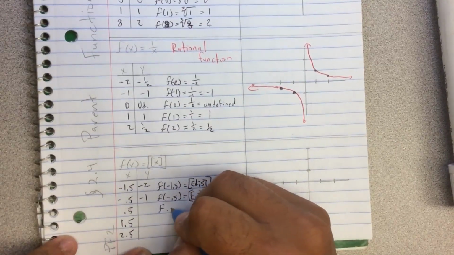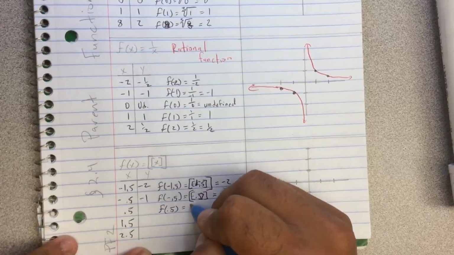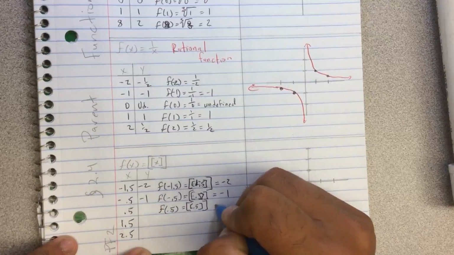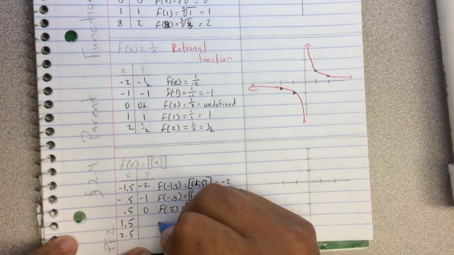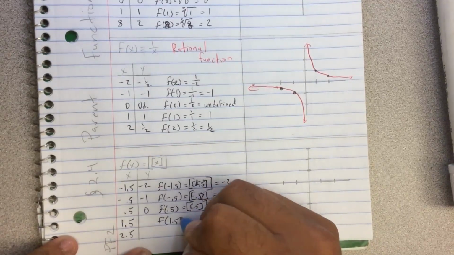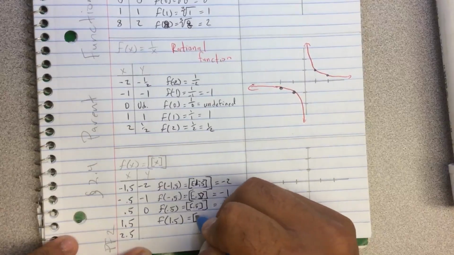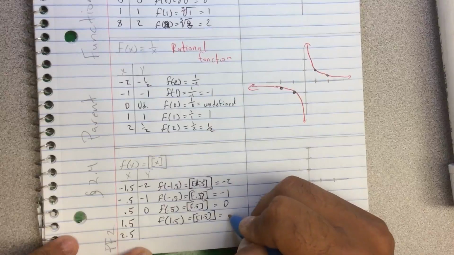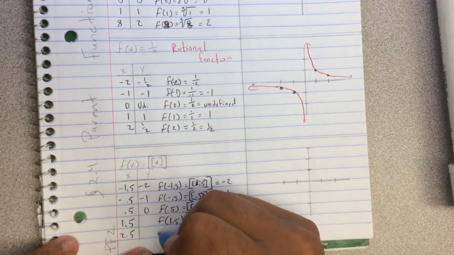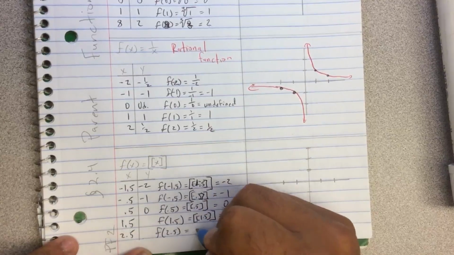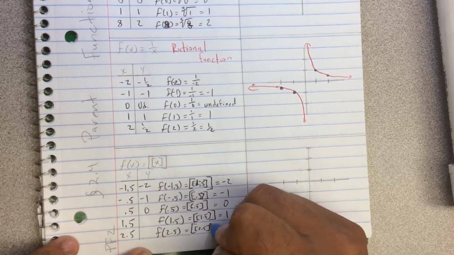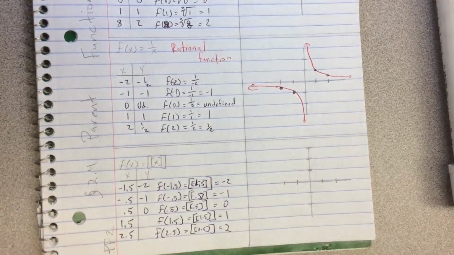F of 0.5 is going to equal 0. F of 1.5 is going to equal 1, and f of 2.5 is going to equal 2.